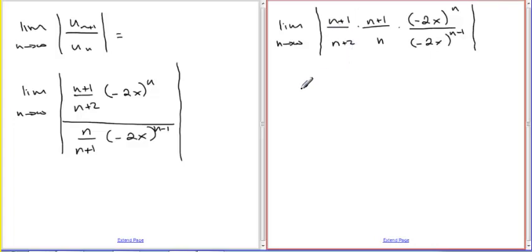And ultimately this limit, this thing here, is just going to end up being 1 because we have the same highest order terms. I multiplied these out using FOIL and the distributive property.